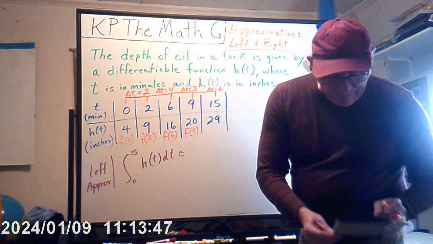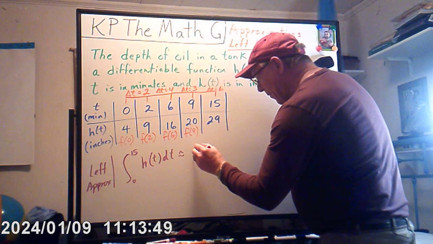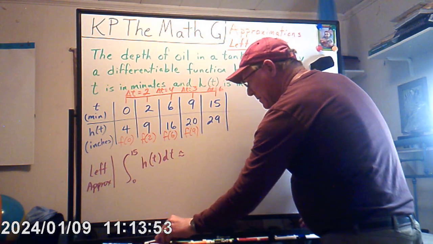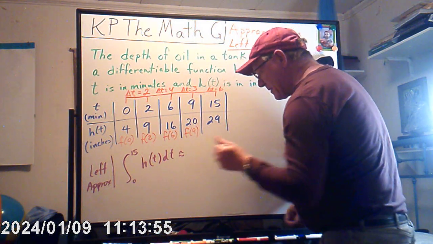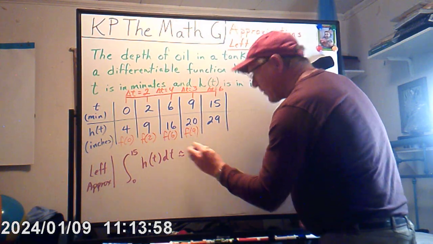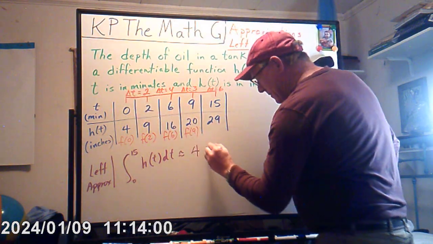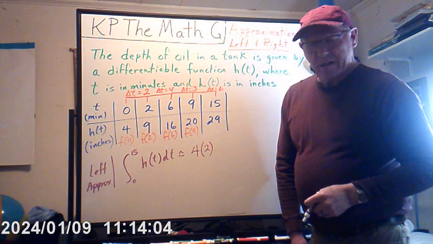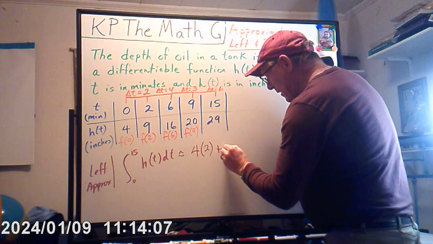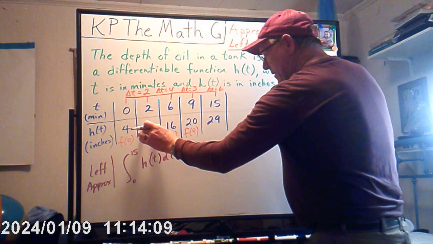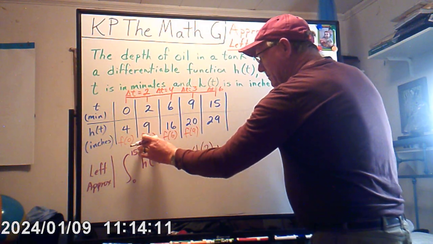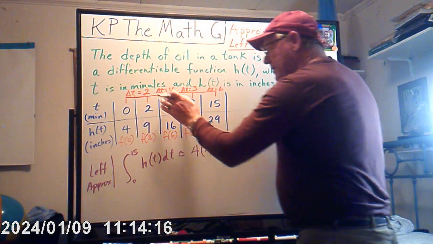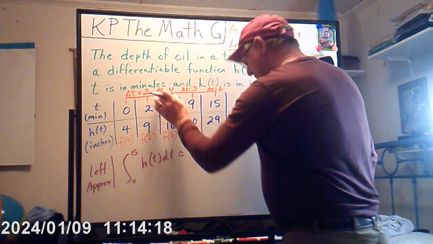So 4 times the first delta t, which is 2, plus the next one, F at 2, which is 9. So 9 times the second delta t, which is 4.